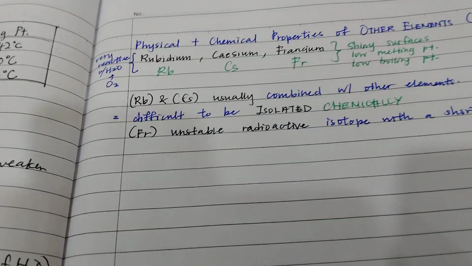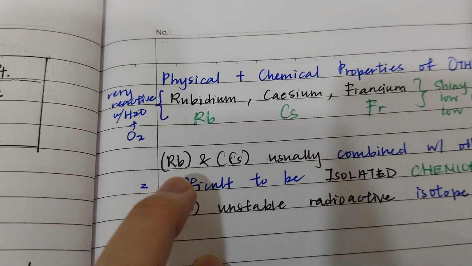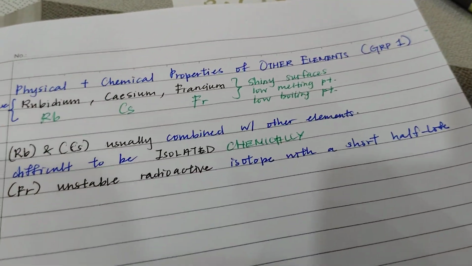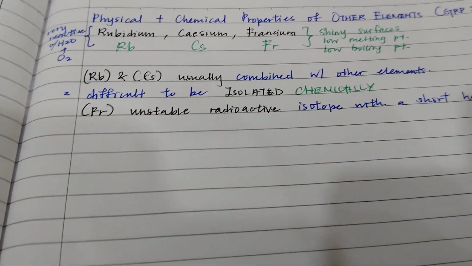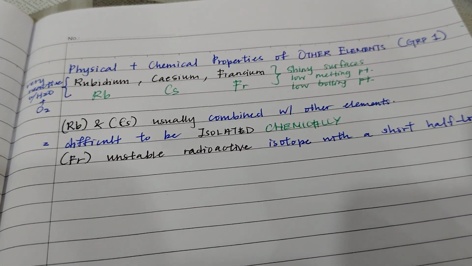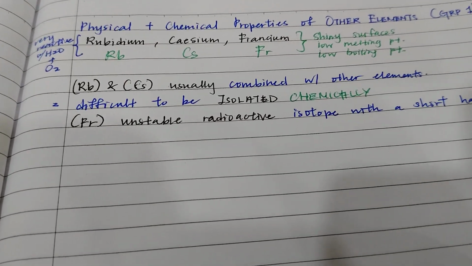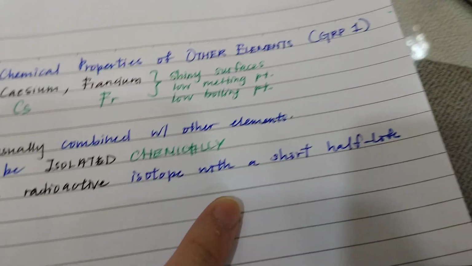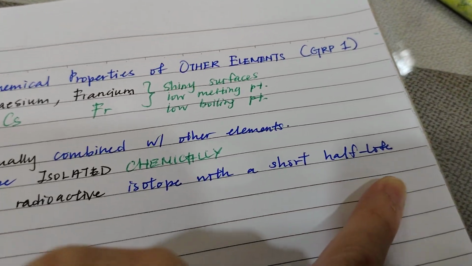Now, special things about them, the rubidium and caesium usually are combined with other elements. This means they are difficult to be isolated chemically. Now, francium is an unstable radioactive isotope with a short half-life.